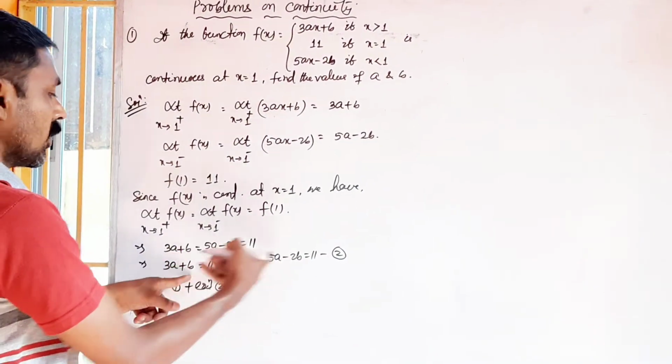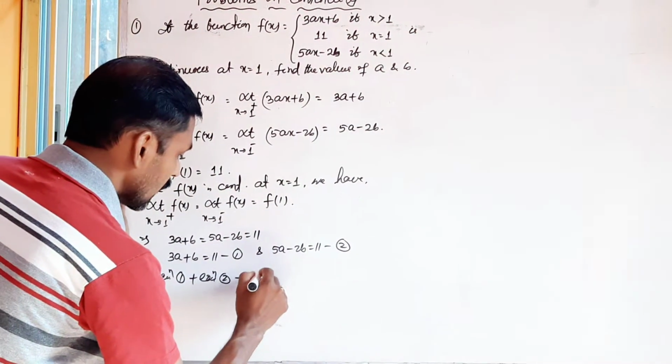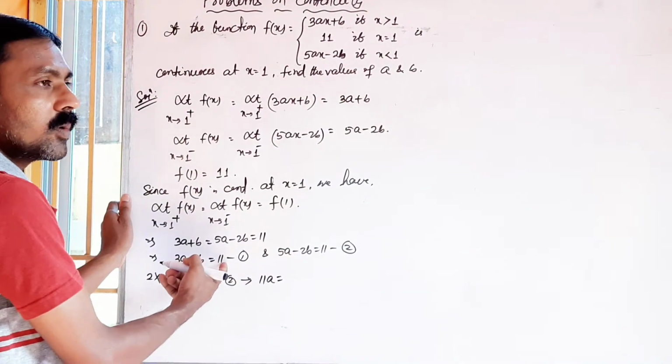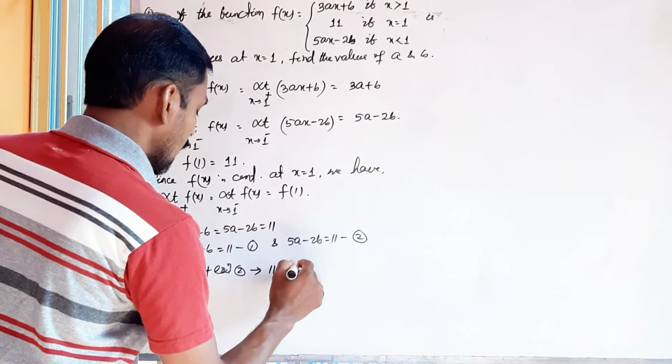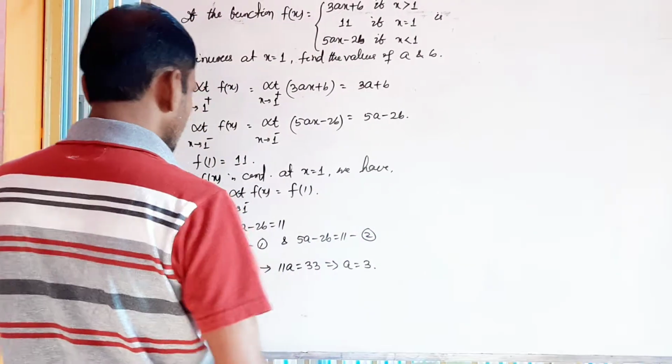So adding, the 2b and minus 2b will be cancelled, and we have 6a plus 5a, which equals 11 into 2, 22, plus 11, 33. So this implies a equal to 3.